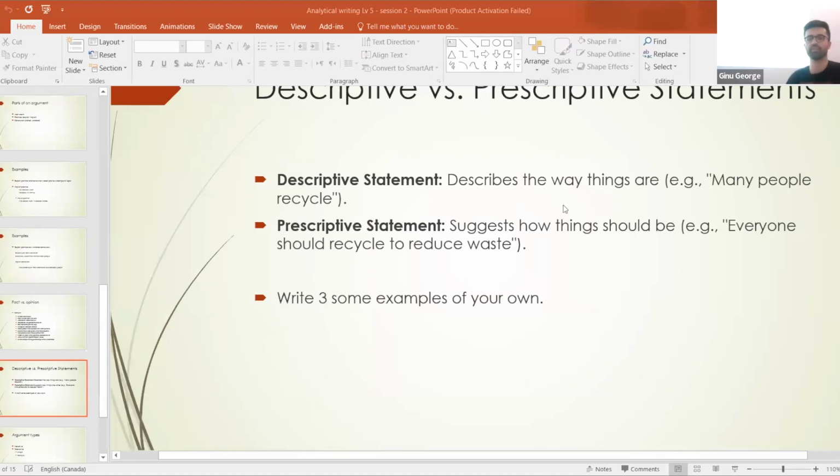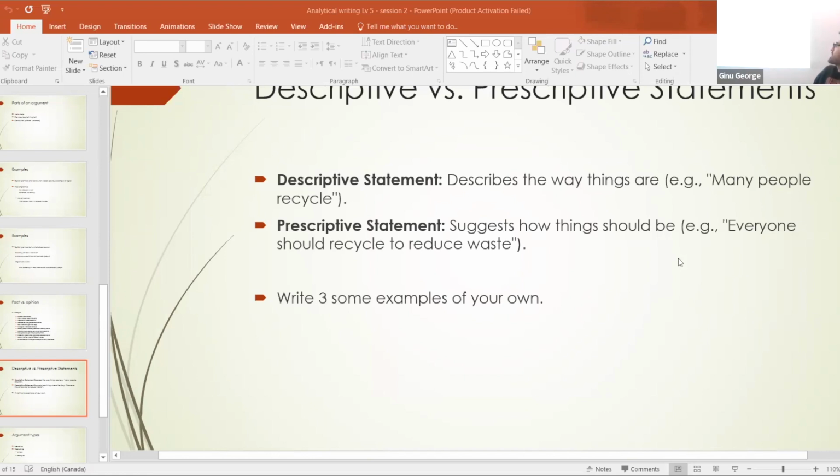Because you'll come across these kinds of statements in your reading of argumentative literature, even non-argumentative. The difference between a descriptive statement and a prescriptive one. This is really important in argumentation because people often confuse these two. They confuse them in discussions, they confuse them in writing. So it's important to be able to pick them out. What's a descriptive statement?